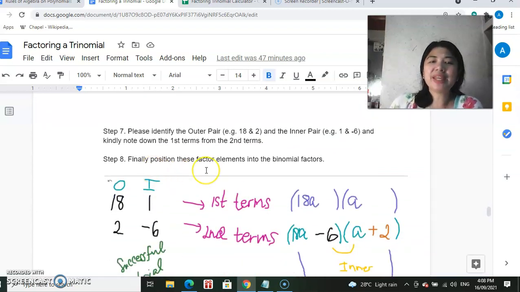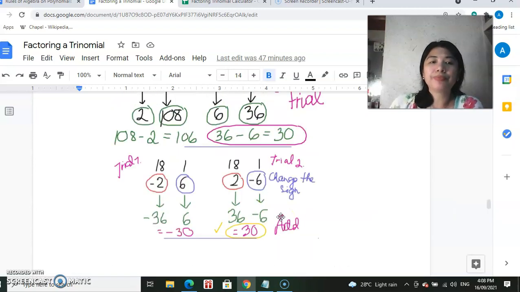So please identify again the outer pair and the inner pair. So pwede, ang atong outer pair is ang dako nga number nindot na siya i-outer. Okay, so sa first term ba kani 18 and 1, di ba, sa first term man is sa binomials, so mas nindot nga i-outer na to ang dako nga number.